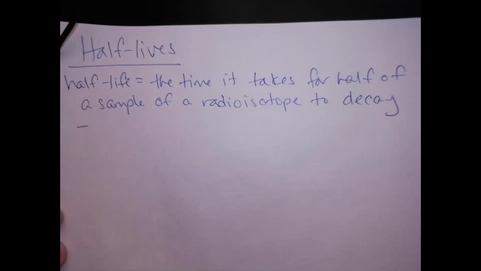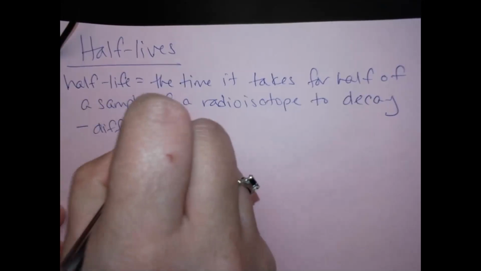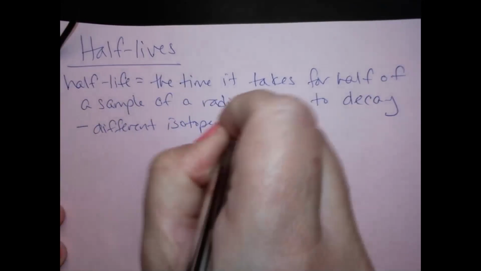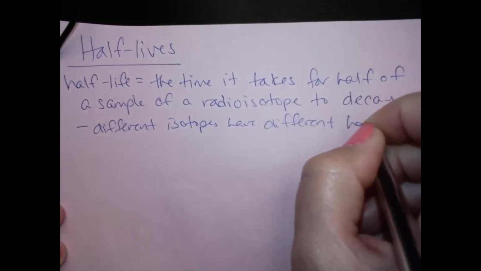Like you just mentioned carbon-14, carbon dating, that's one type of element, but every single element has its own half-life, the length of time it takes for half of it to disappear. So different isotopes have different half-lives.